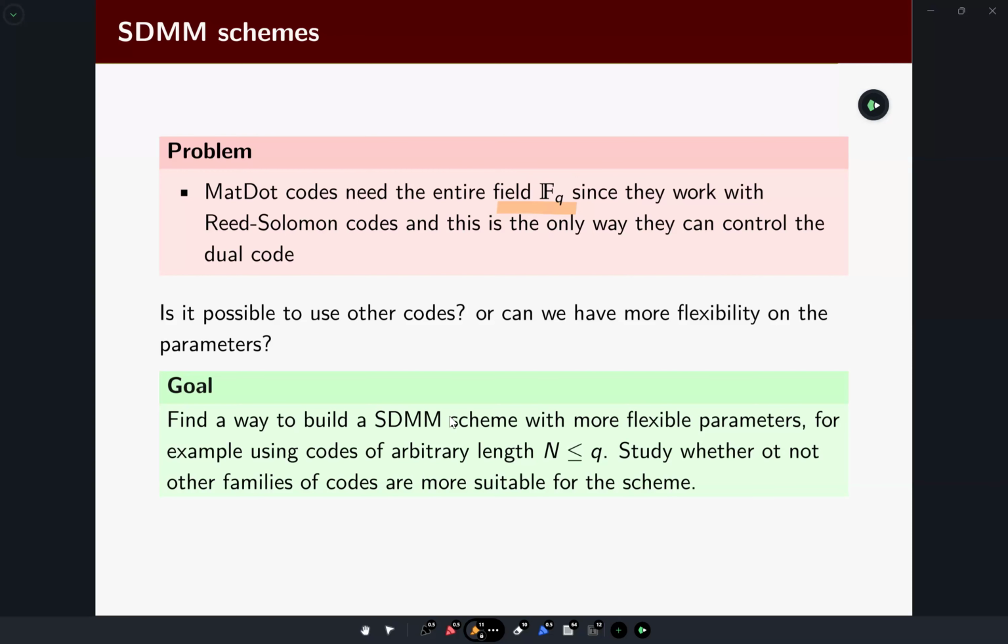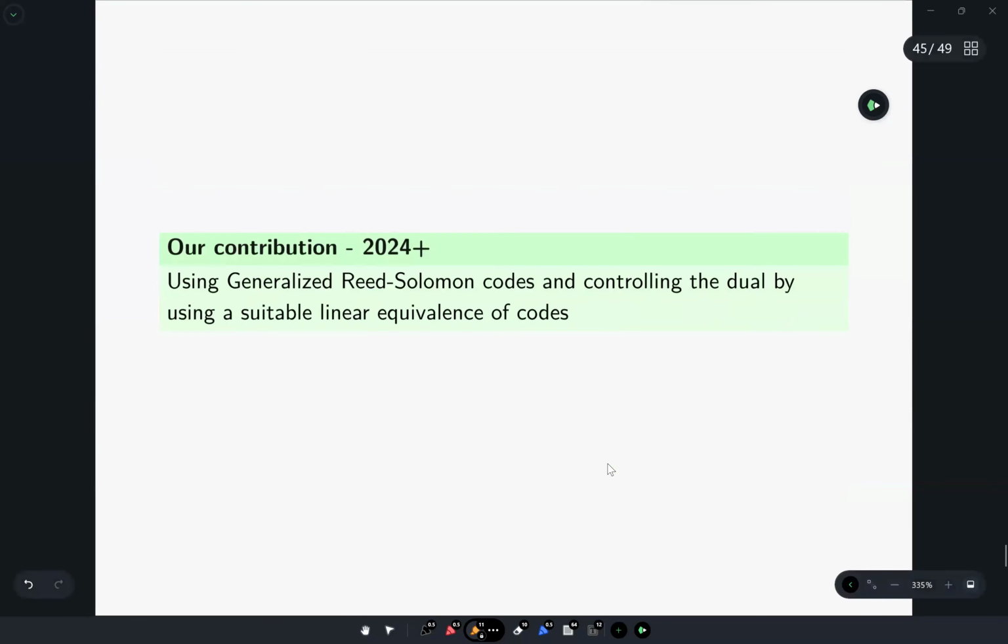So the goal was to build a generalization and extension of the previous schemes for an arbitrary length lower than q. And our contribution was to use generalized Reed-Solomon codes and control the dual by using a suitable linear equivalence of codes.